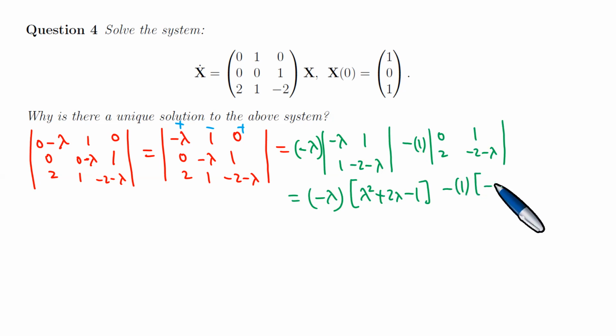This is minus 2. So you multiply out, which is minus lambda cubed minus 2 lambda squared plus lambda plus 2.